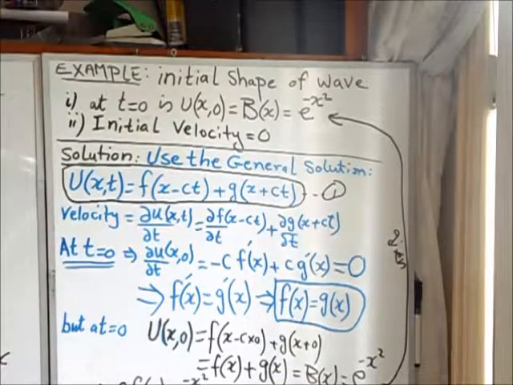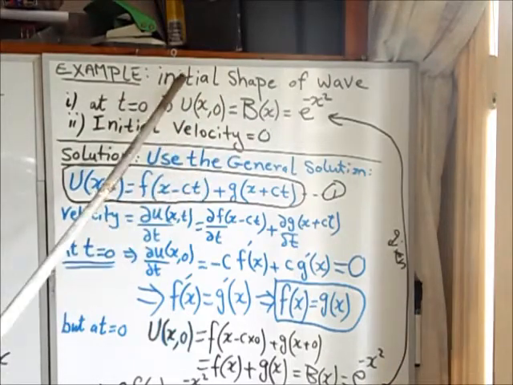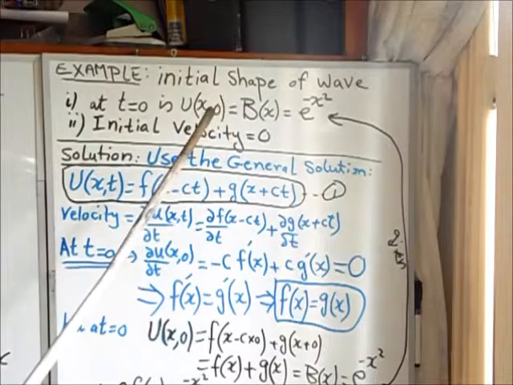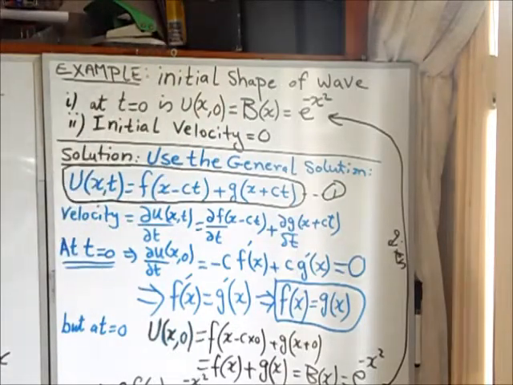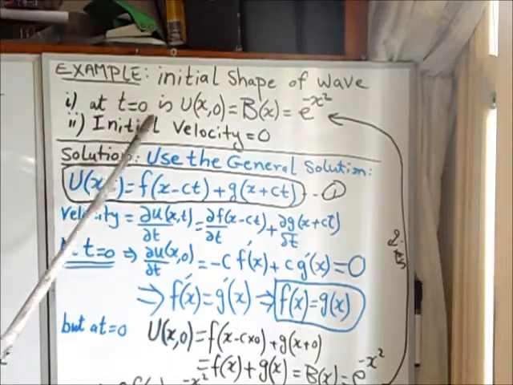Okay, now to clarify also, we give an example. As you can see here, let's have a wave with an initial shape that is given at time t equals 0. That is the initial shape of the wave. It could be like a string, it could be a sea wave. It's given at t equals 0.